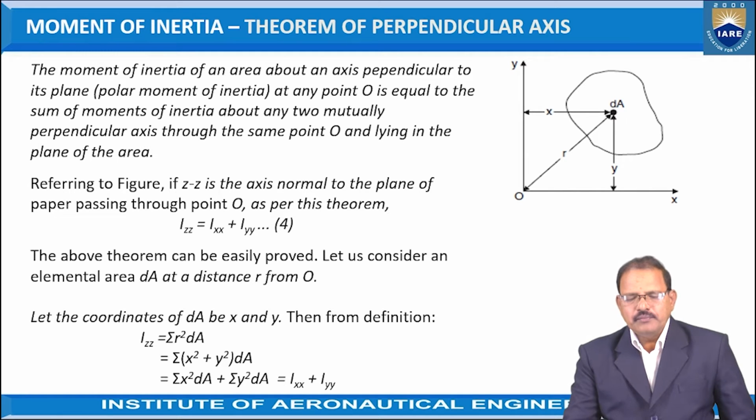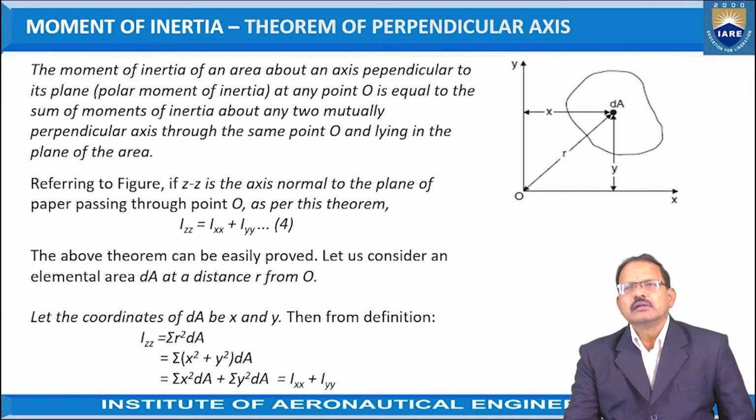Then according to the theorem of perpendicular axis, the moment of inertia of a plane area about an axis perpendicular to its plane at any point O is equal to the sum of the moment of inertia about any two mutually perpendicular axes through the same point O and lying in the plane of the area.